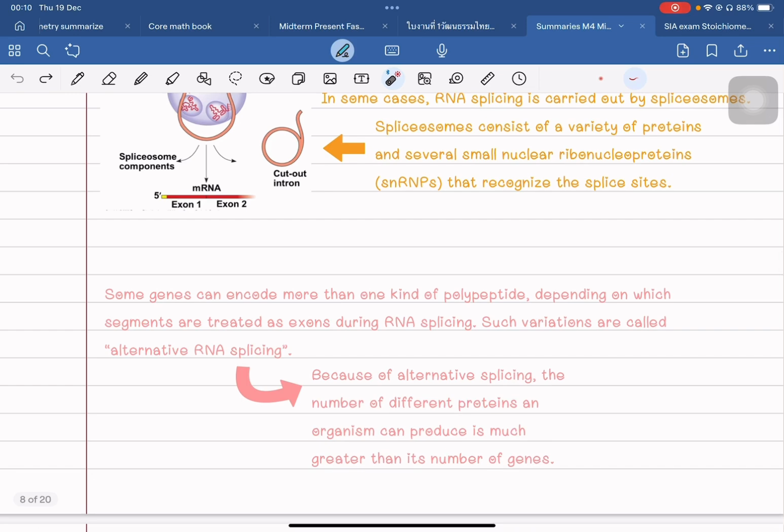Extra note: some genes can encode more than one kind of polypeptide, depending on which segments are treated as exons during RNA splicing. Such variations are called alternative RNA splicing. And because of alternative splicing, the number of different proteins an organism can produce is much greater than its number of genes.